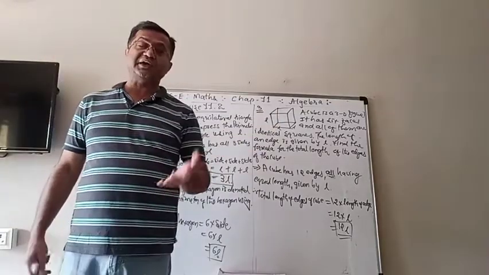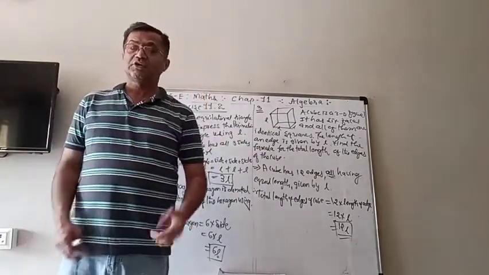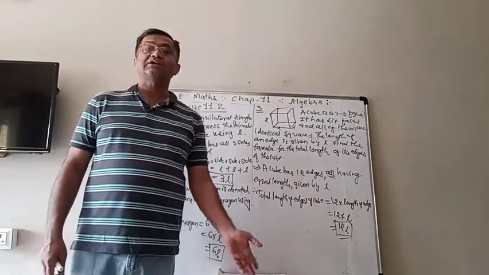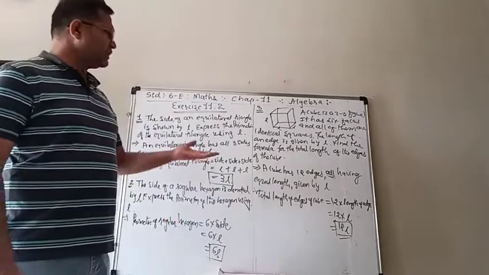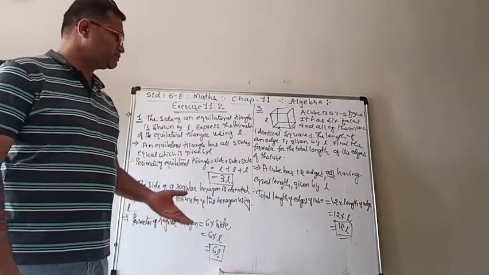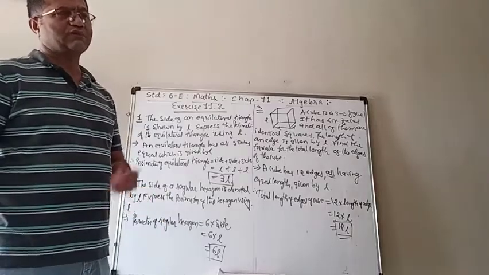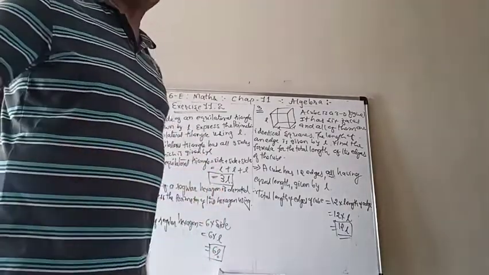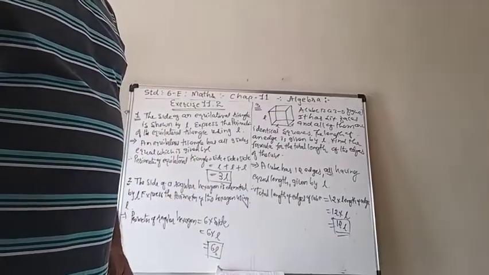In the cube there are 12 edges, so the total length of the edges is 12L. Similarly, for a regular pentagon or regular octagon, we can easily find the formula to find the perimeter of that.